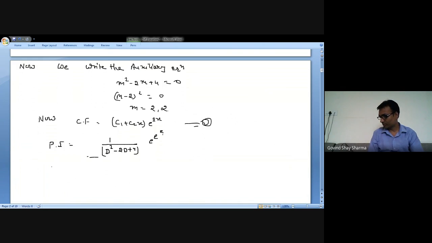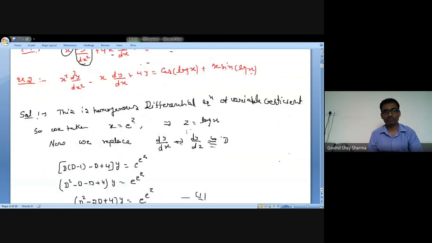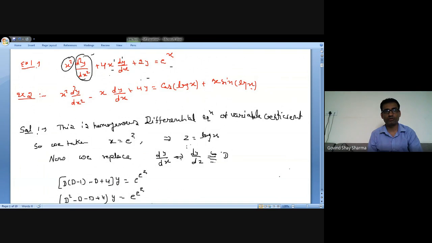We can write the equation this way: D squared minus 3D plus 2.